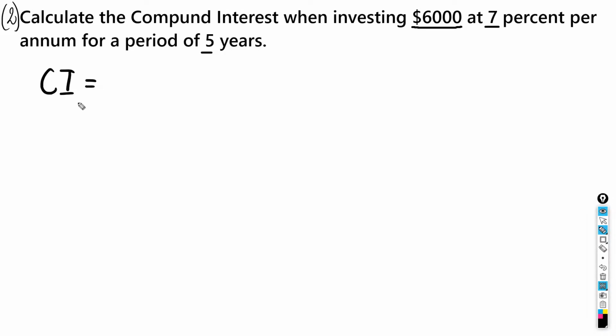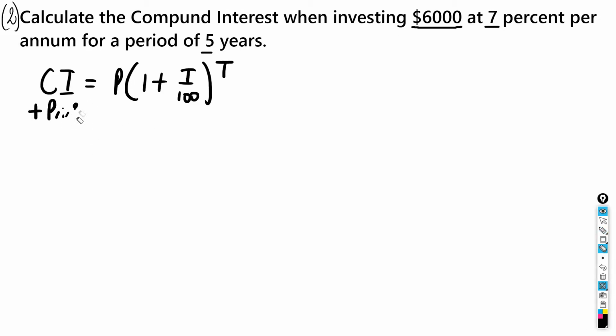Remember, the compound interest formula is P multiplied by 1 plus I over 100 to the T. This is actually equal to the compound interest plus the principal, so this is really the accrued interest.